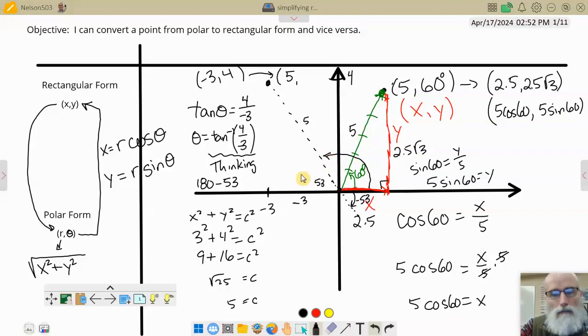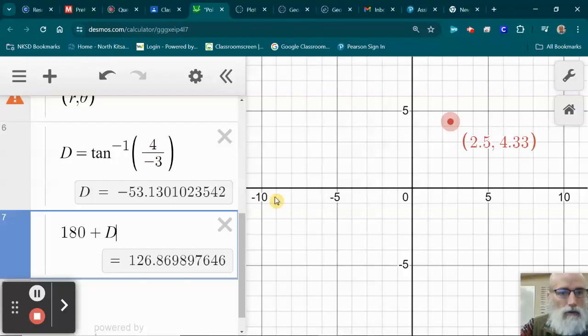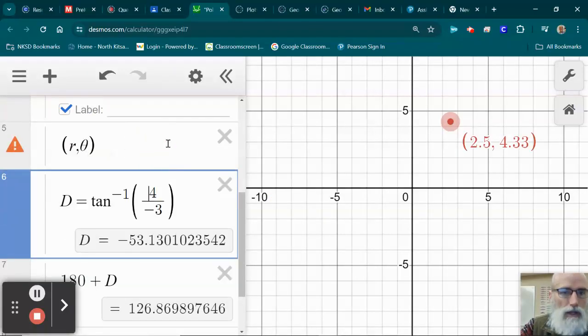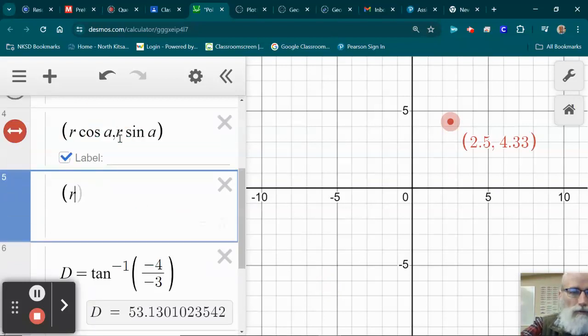Because think about it, if we were down here in the third quadrant, we went back 3 and let's say down 4, it would give us a 53 degree angle and we'd have to add that 53 to 180, right? So let's look at that. Let's say this was both negatives, right? That would make it a positive 53 degrees. Let me just get rid of this line right here and let's put a coordinate down there.